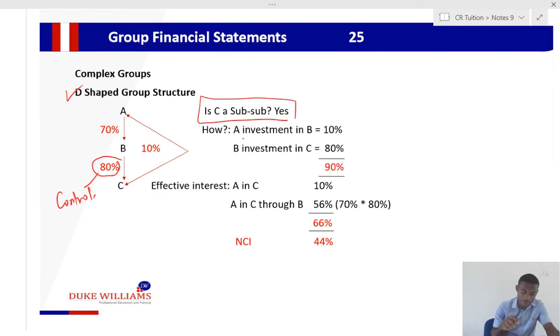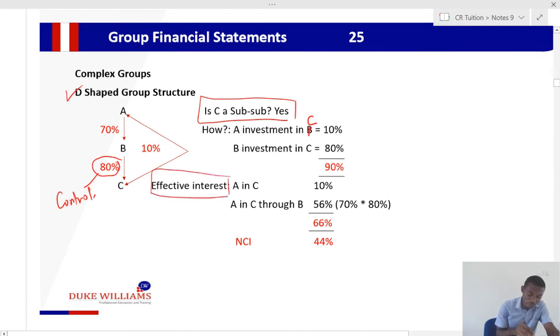that should be in C, 10% in C, and B had 80% in C. Collectively, we have 90%. But what is the effective, which we need to always calculate? The effective interest is that A's own interest in C, which is 10%, plus the effective interest of A and B together.